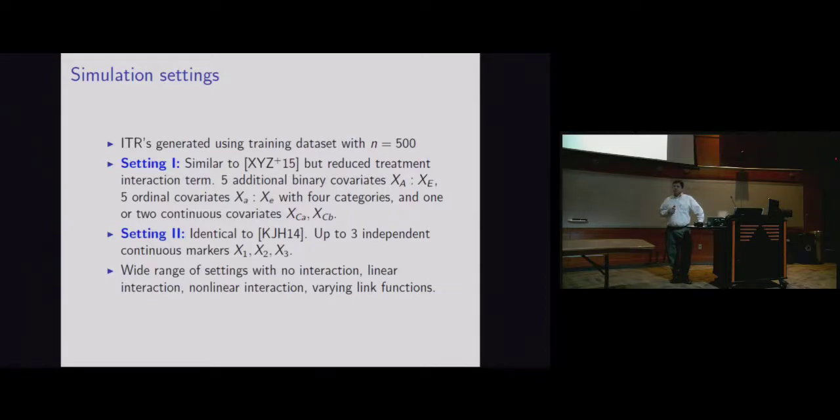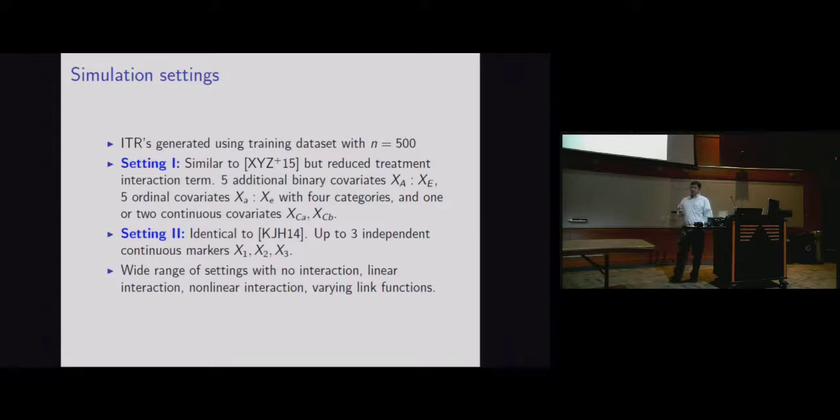One of them had 5 binary covariates, 5 ordinal covariates, and 1 or 2 continuous covariates, and the other one had just 3 independent continuous markers. There were a wide range of settings with no interactions, linear interactions, nonlinear interactions, varying link functions. Right? You've got your logit link, you've got your other kinds of links as well.